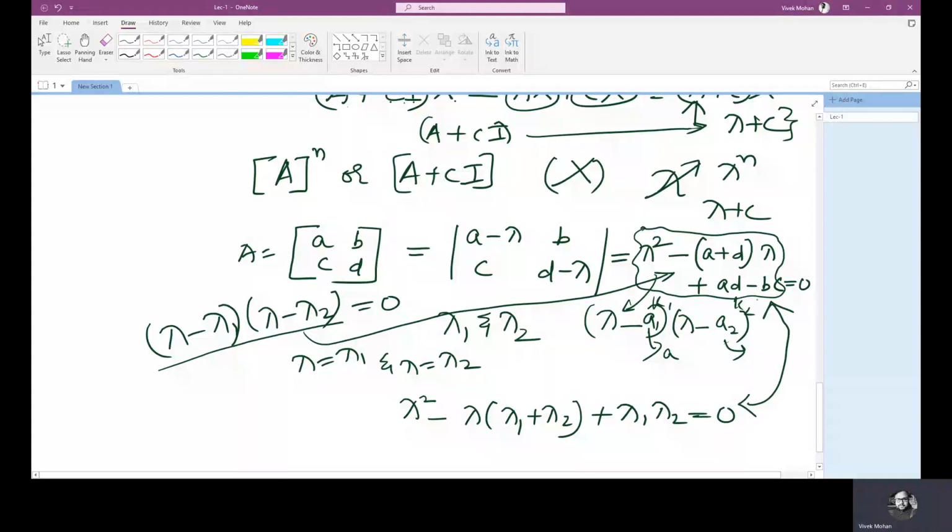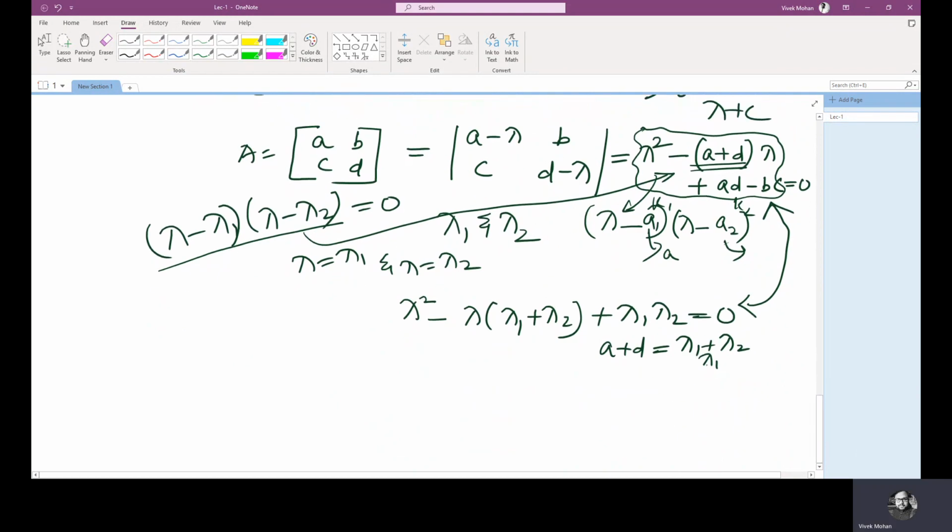Our generic matrix is A, which is A, B, C, D, and when you evaluate the determinant of A minus lambda I equals 0, you get this. When you compare these two equations, you get that A plus D is equal to lambda 1 plus lambda 2. And what is lambda 1 lambda 2?